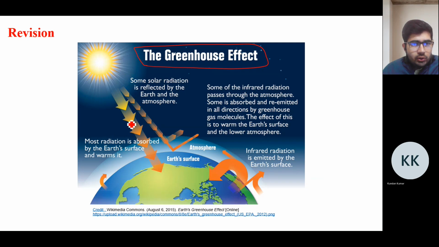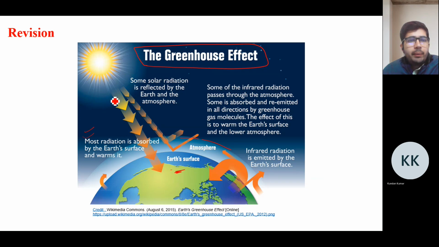Earth's surface also has an atmosphere, but a thin layer. You can see this thin layer is represented by the atmosphere, and this is the Earth's surface. So the solar radiation is coming from the sun. So most radiation is absorbed by the Earth's surface and warms it.